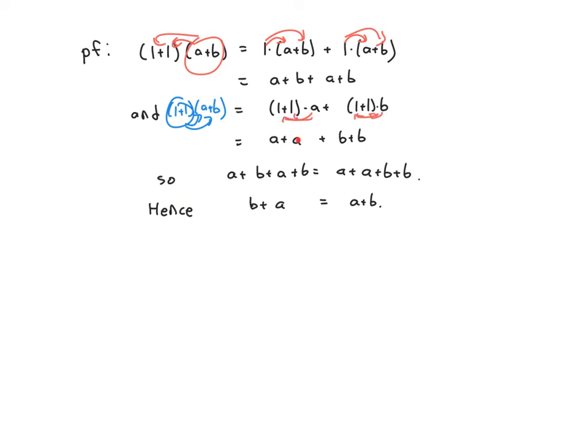And that gives me A plus A plus B plus B. So these two expressions are the same, and so these two expressions have to be equal. So I get A plus B plus A plus B is equal to A plus A plus B plus B. I'm working with an additive group, so I can cancel out the A on the left. I can cancel out the B on the right. And so I can conclude that B plus A is in fact equal to A plus B.